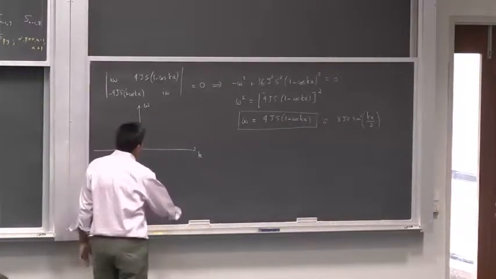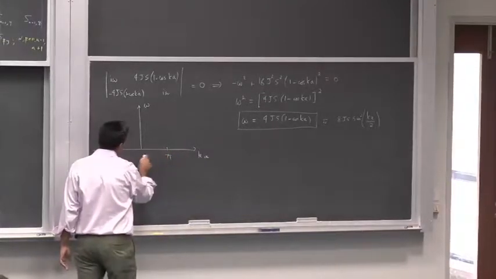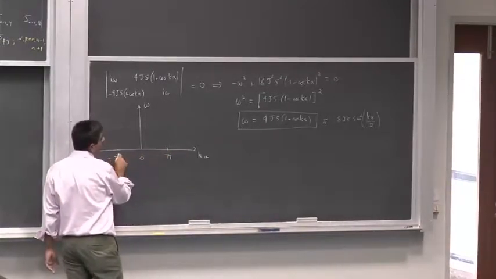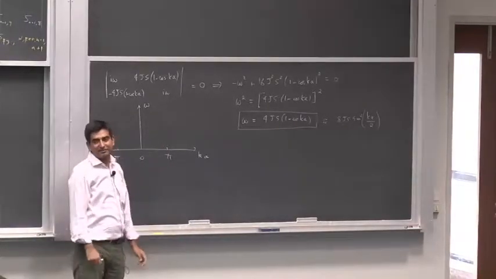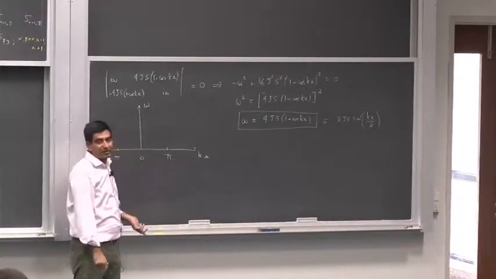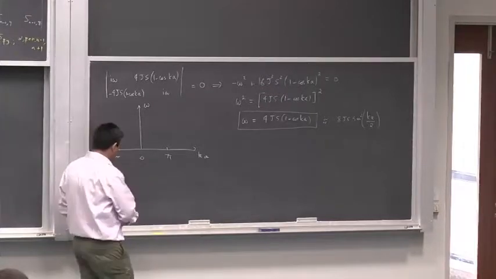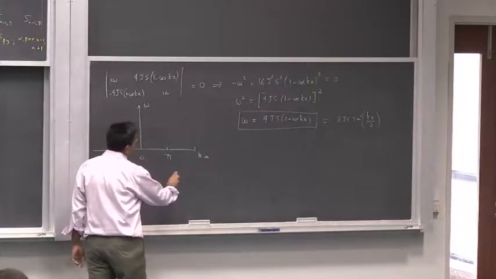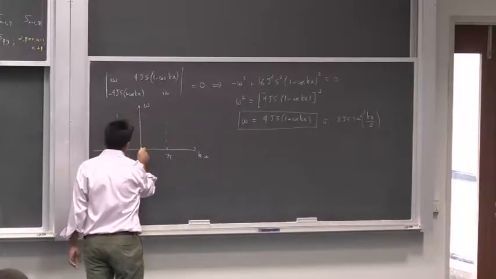Now if I have Ka here, this is pi, this is minus pi. This function is periodic with respect to Ka with period 2 pi, so I'm just plotting the first Brillouin zone. In the first Brillouin zone, it's a sine square curve, goes like this.